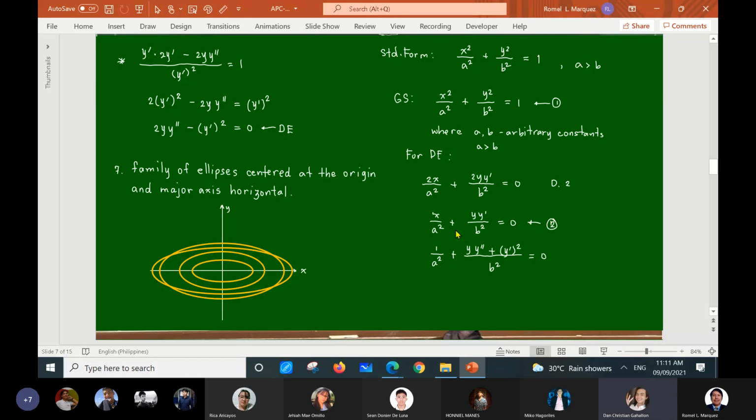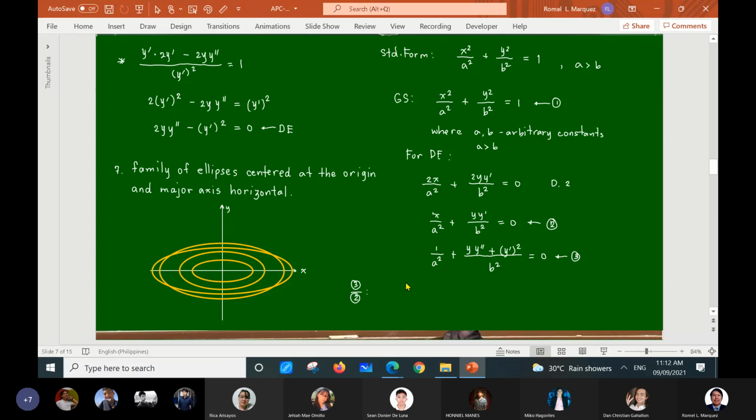O, pwede natin kunin ang ratio. Anong value ng pwedeng ratio ng 3 sa 2? Kasi tapos na tayo mag-differentiate. Kukunin natin ang ratio ng 3 sa 2. So, ibig sabihin, yung value ng x over a squared at saka yung 1 over a squared, kunin natin.